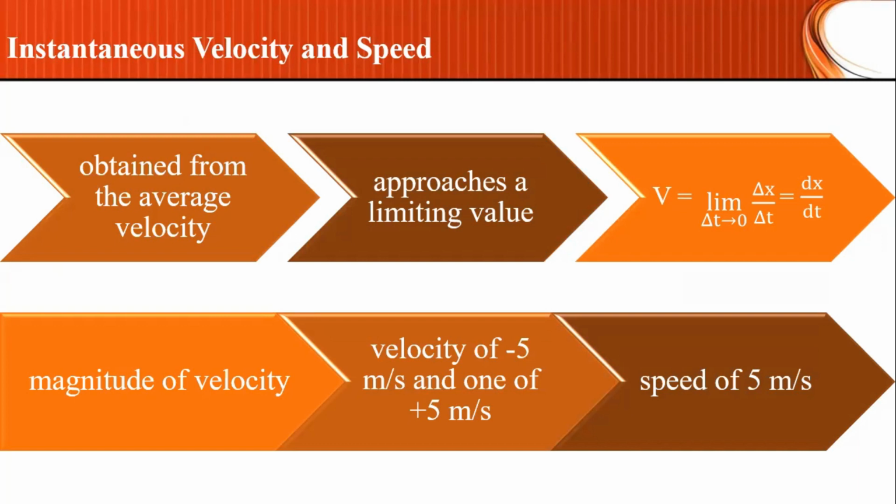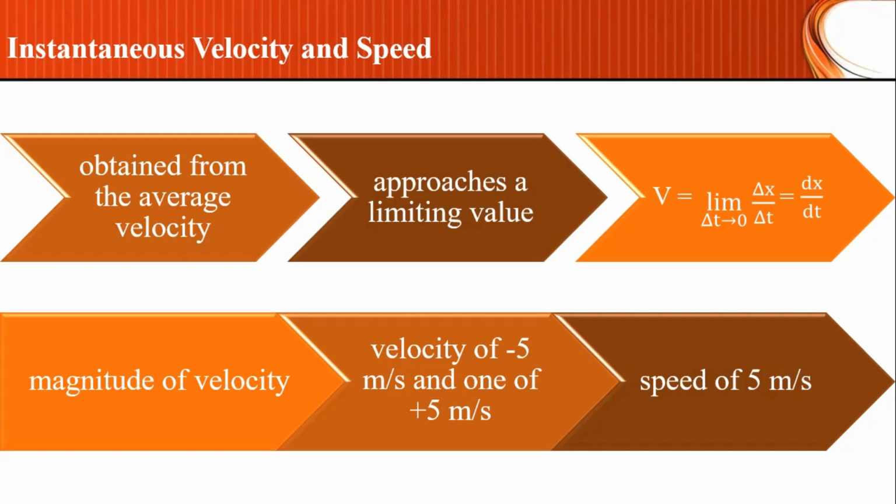The average velocity approaches a limiting value, which is the velocity at that instant. v equals Δx over Δt, which equals dx over dt. Note that v is the rate at which position x is changing with time at a given instant. That is, v is the derivative of x with respect to t.